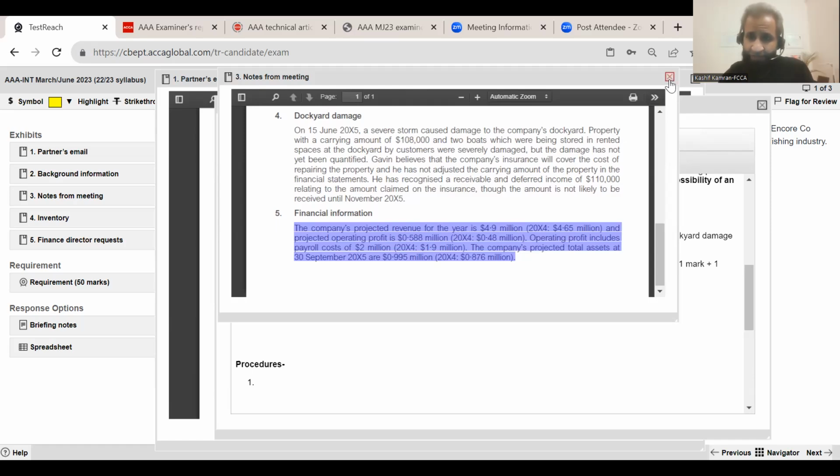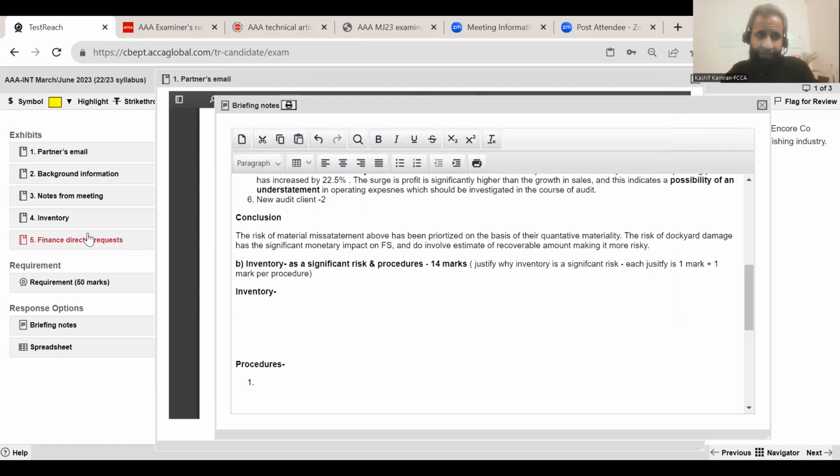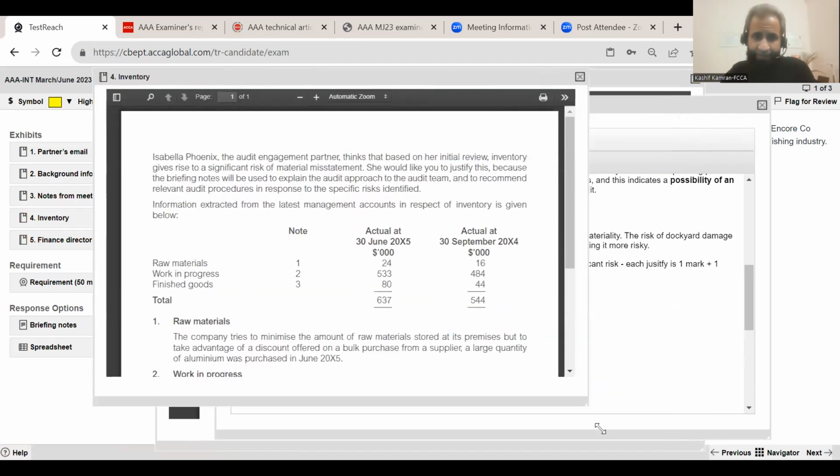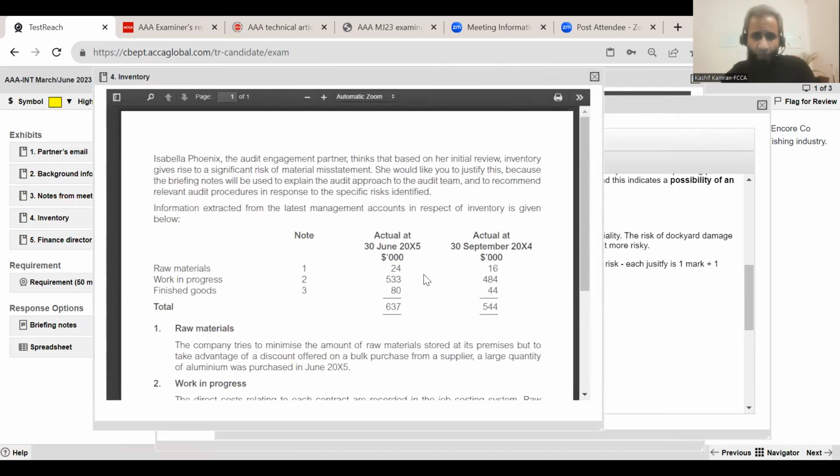So if inventory is above $24,500, it is material. Let's see inventory in note number 4, Exhibit 4. The total of inventory is $637,000 for the current year, and last year it was $544,000. So it has increased a lot.